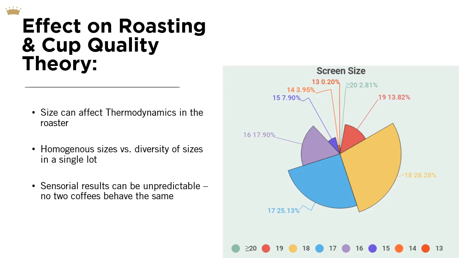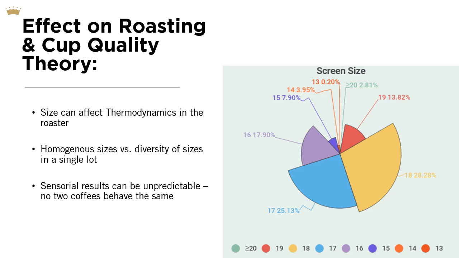However, sensory results are not completely predictable based on screen size alone. There's a lot of factors involved, obviously, and so it's really difficult to make general recommendations for roasting. No two coffees are going to behave the same way based solely on their screen size.